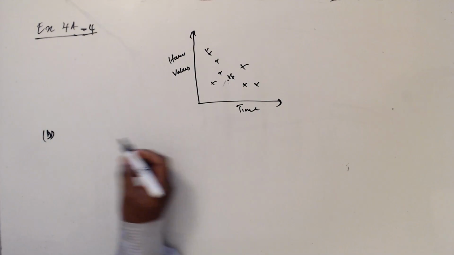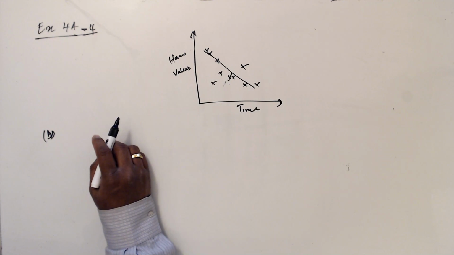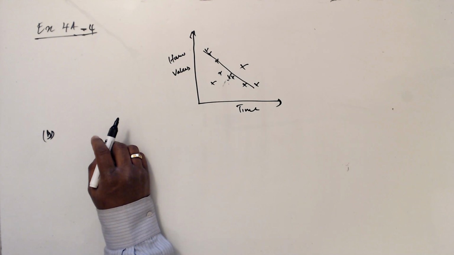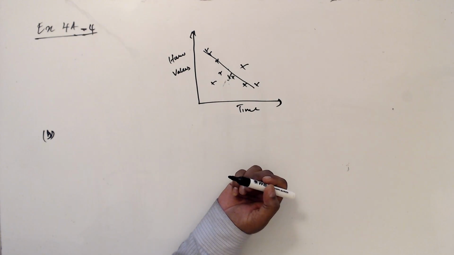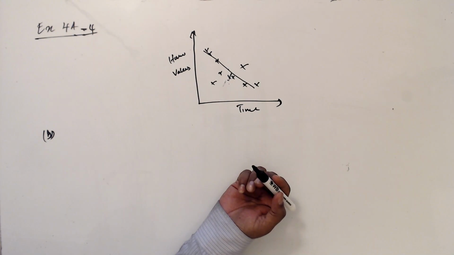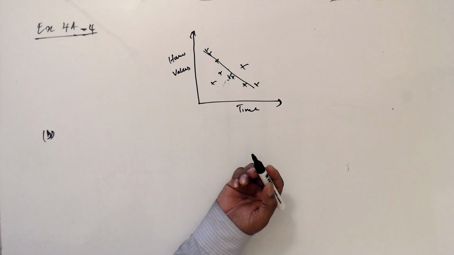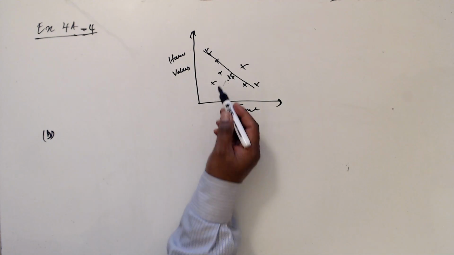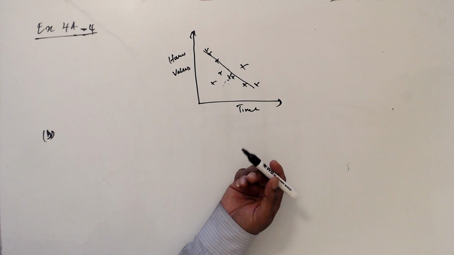Yeah, we can represent by a line, but it has a correlation, it has a linearity, but that linearity is not strong. It is a weak linearity. Weak, in other words, weak correlation.